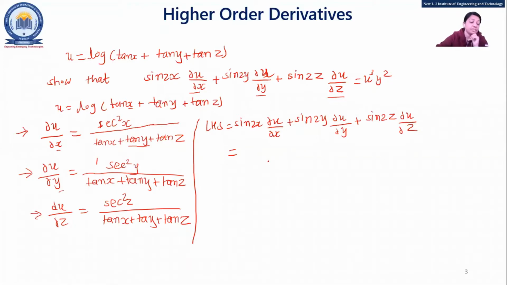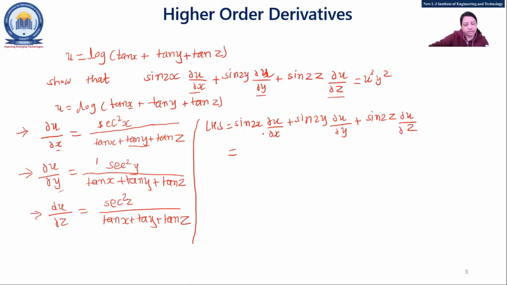Ma'am, we can write sine 2x as 2 sine x cos x. Yes, ma'am, I am saying that we have taken this value of del u by del x as sec square x upon 10x plus 10y plus 10z. So we can put that value over here and simplify.